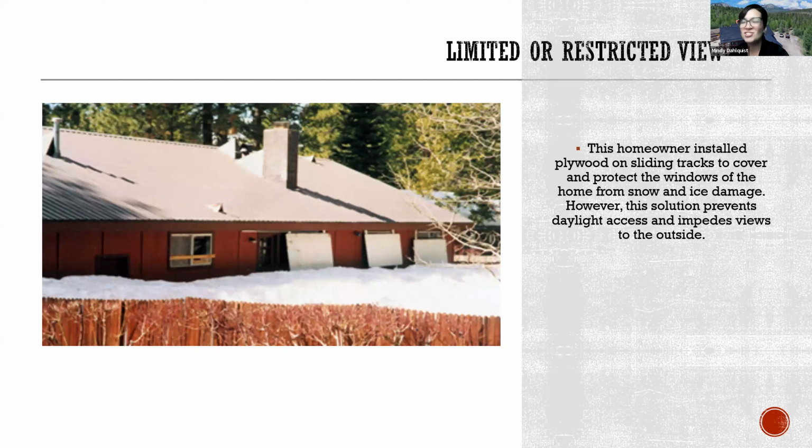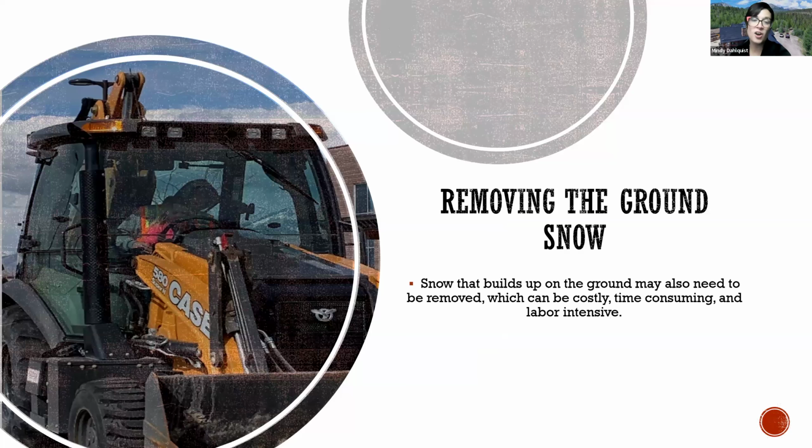Unfortunately, it just didn't work out so well for them. They still ended up with two broken windows, two broken window coverings, and now you're just preventing any daylight to the outside as well. I don't know about you guys, but I need the sunlight coming in my house or I will go a little bit crazy.